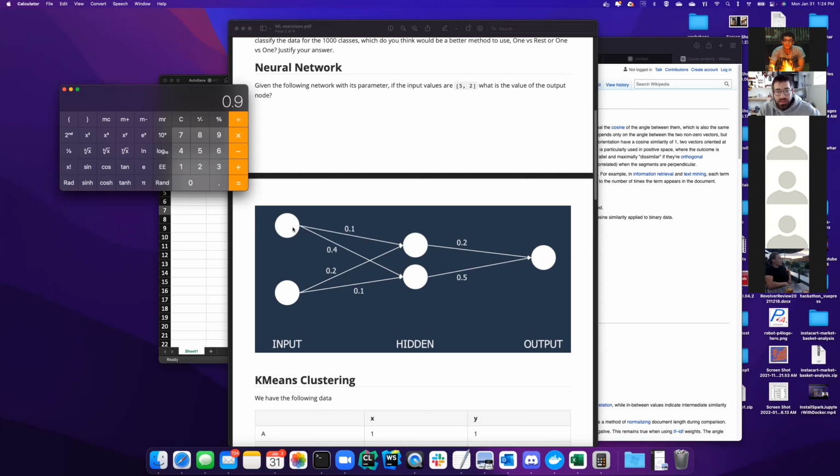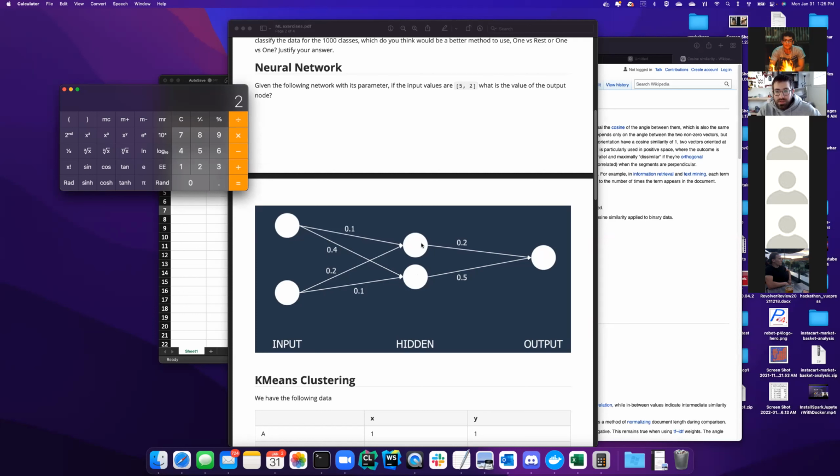For this one, we have 5 times 0.4, plus 2 times 0.1, which is 0.2. So we end up with 2.2. So 0.9 and 2.2.